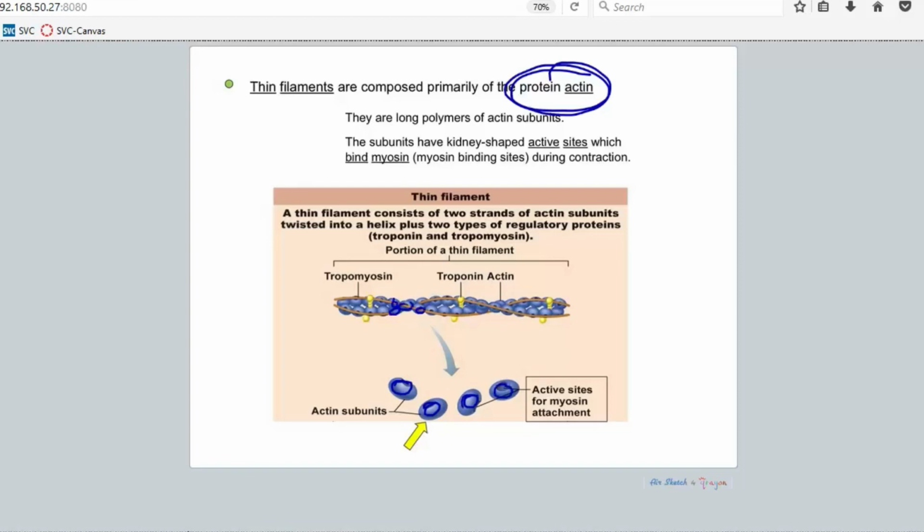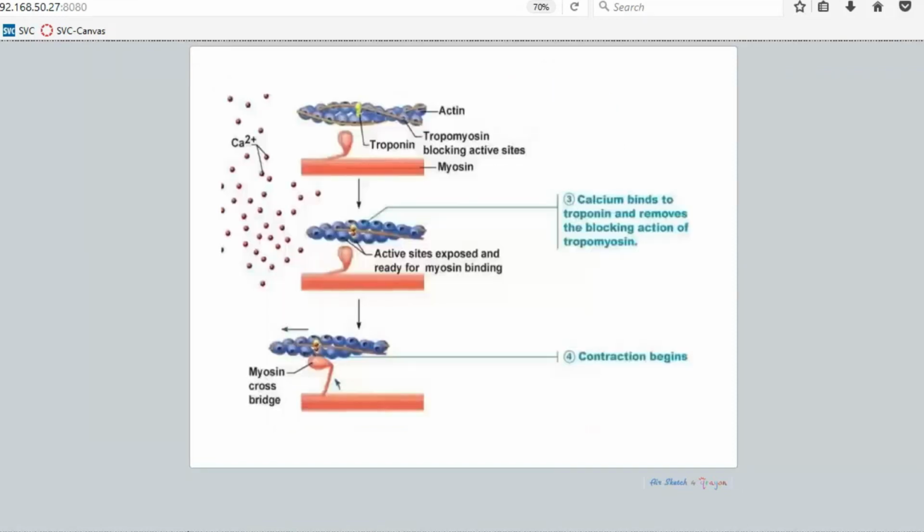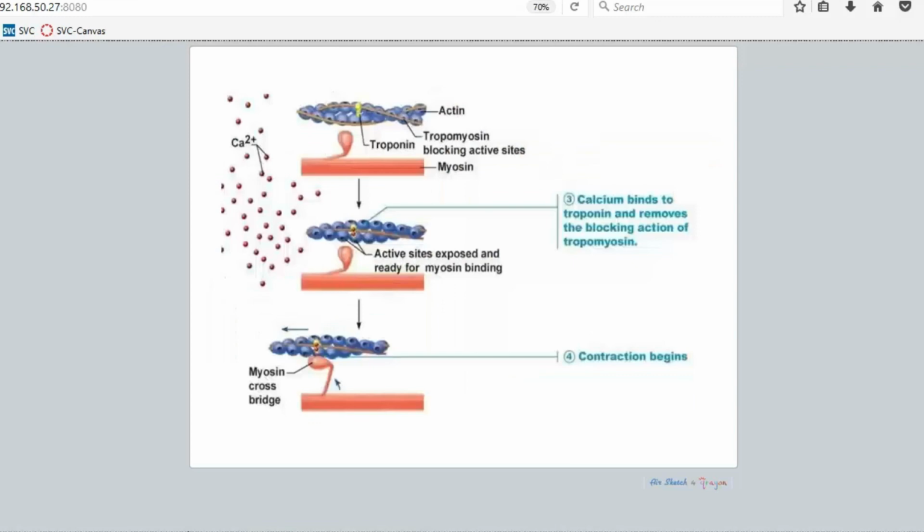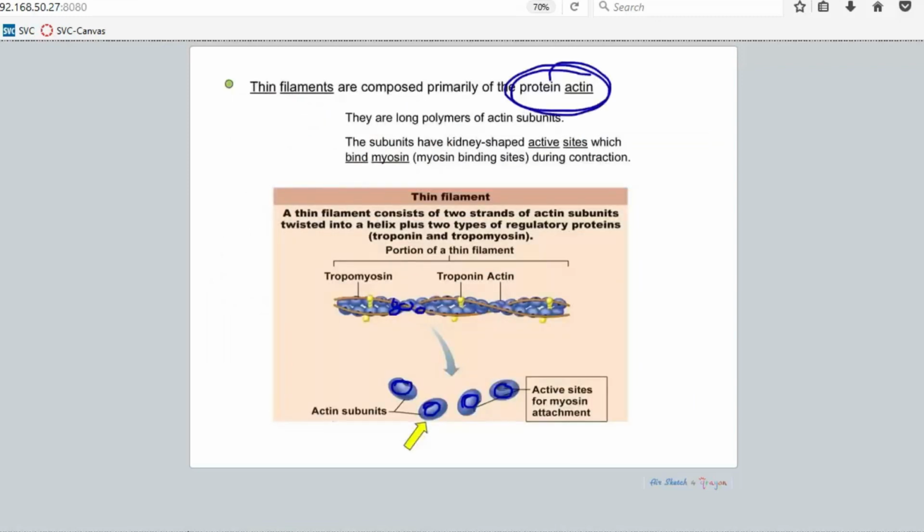And by the way, this myosin molecule, these are all proteins as well. So when you eat a steak, for instance, or a hamburger, something high in protein, well, it's high in protein because these thick filaments and these thin filaments are made up of protein. This is the actual protein that you're consuming when you eat a steak.